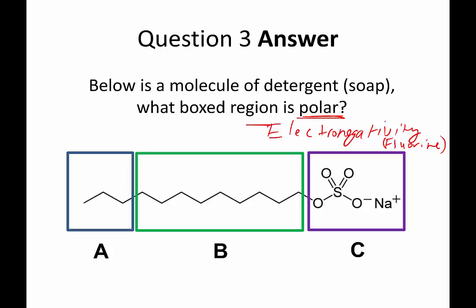So here we need to look at the types of bonds that are present. Here we have sulfur, oxygen. We have an actual ionic bond that's part of this molecule, which is very interesting. And then here we just have a bunch of carbons and hydrogens. Essentially each bend, if you remember, we talked a little bit about this, is shorthand for carbon and hydrogen.